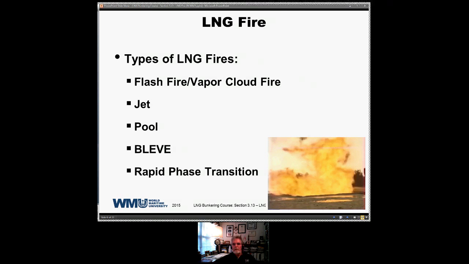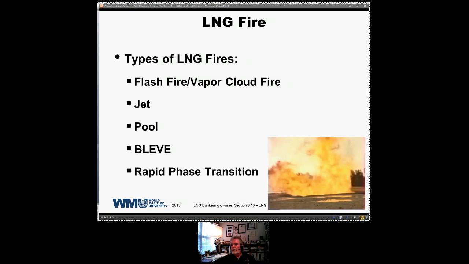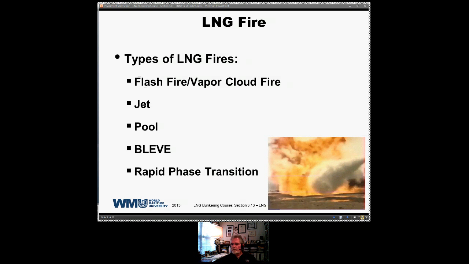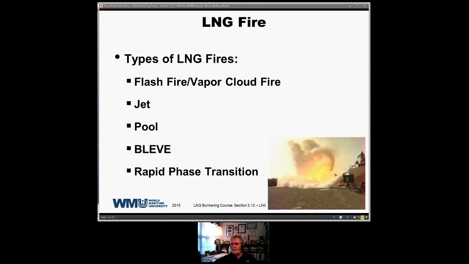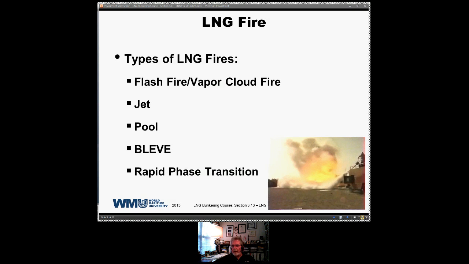The various types of LNG fire. You have what's called a flash fire, or a vapor cloud fire, jet fire, pool fire. The next one is called a BLEVE, and this is more common with propane and butane in large propane and butane tanks. But with the advent of the transport of LNG in tanker trucks, it's also something that could happen with natural gas.